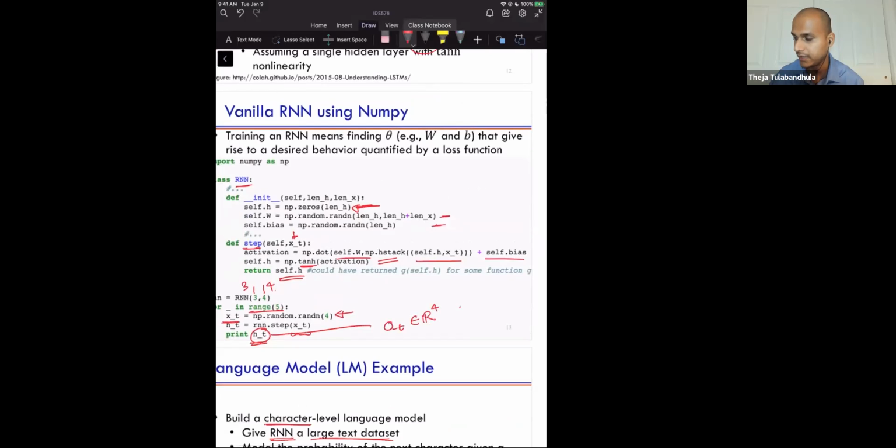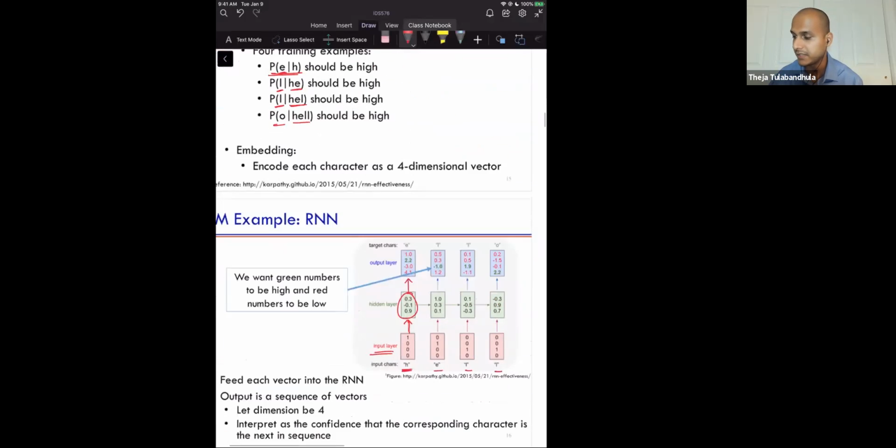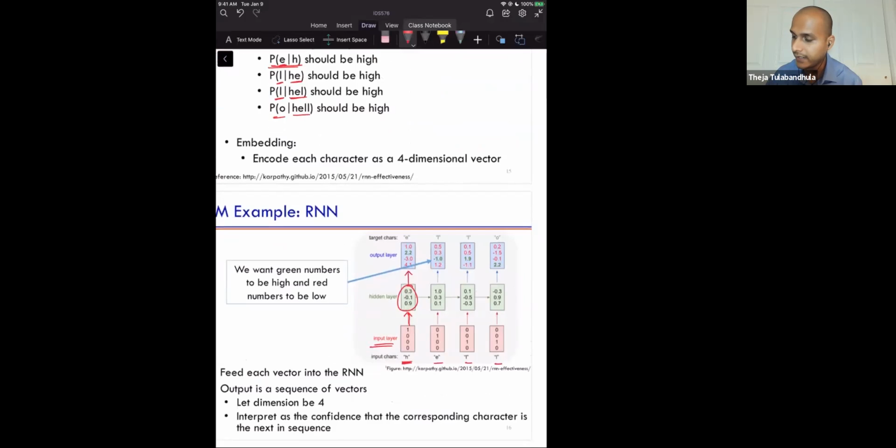You just need to produce the next character's representation. So given this hidden layer, there's another transformation, and you get an output vector. Hopefully, in that output vector, because it's a vector of scores, you are trying to predict the score for the E character. Let's say E is the second character in the vocabulary, so it corresponds to the second coordinate. Then hopefully the second coordinate is the highest. Which in this case is true. 2.2 is the highest among the 4 numbers.